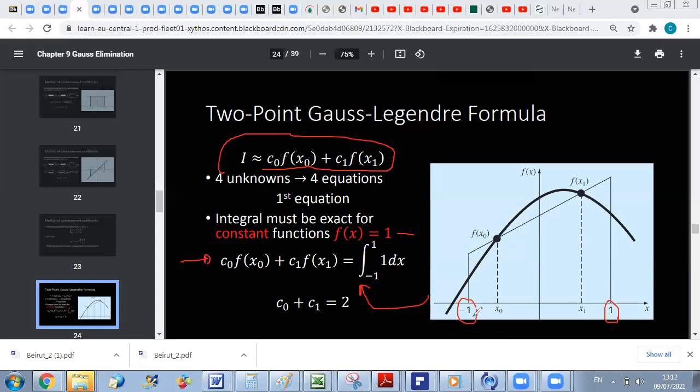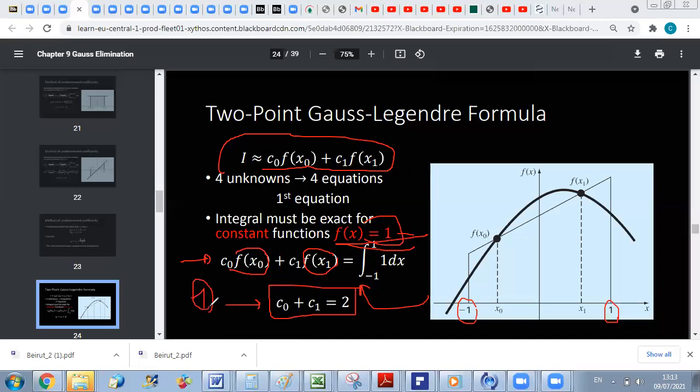So starting from an interval from -1 to 1, I will integrate first the constant function, and I expect to get exactly the same result. So here, since I started with a constant function, f of x is 1 everywhere. So f of x0 will be 1, and f of x1 will be 1. So the first equation will be C0 plus C1 equals the integral from -1 to 1 of 1 dx, which is 2. So this is equation number 1.